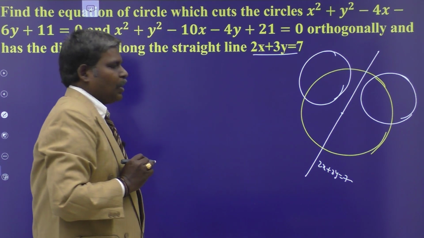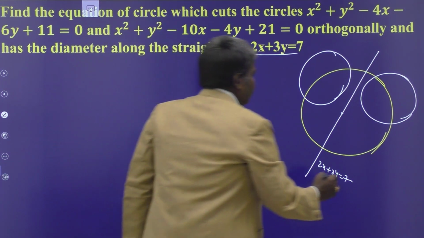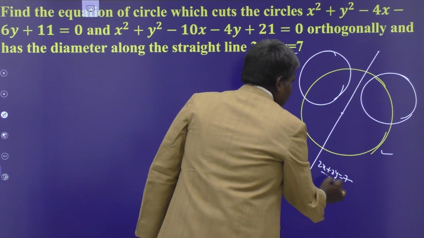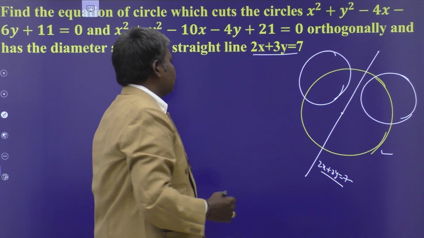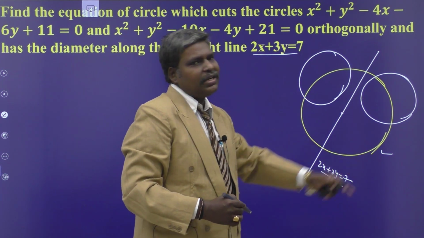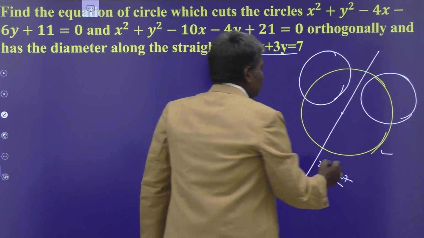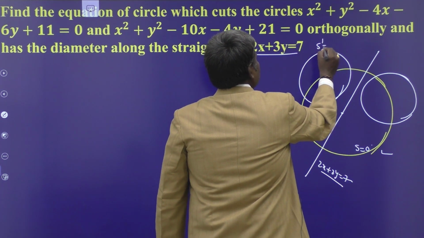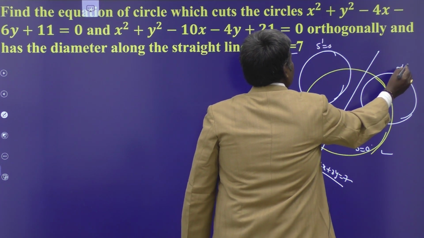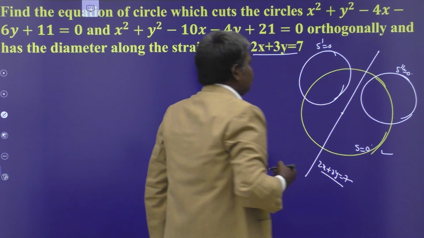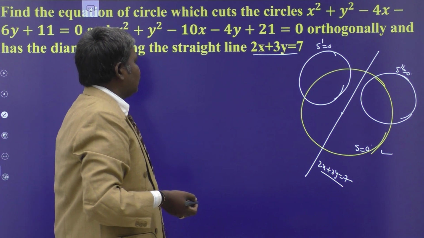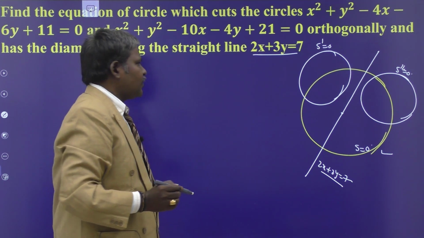This is the problem. You are going to find out the equation of this circle. Its center lies on 2x plus 3y equal to 7 and cutting orthogonally the two circles. Suppose your required equation is S equal to 0, this is S dash equal to 0, this is S double dash equal to 0. In the same manner, we have to apply the three conditions and solve for f, g, c.